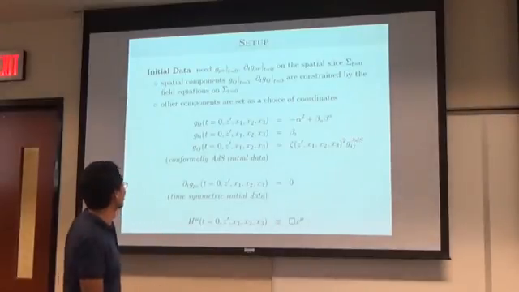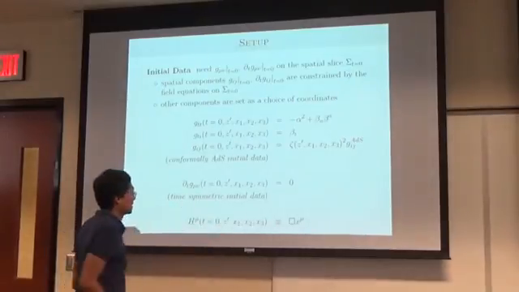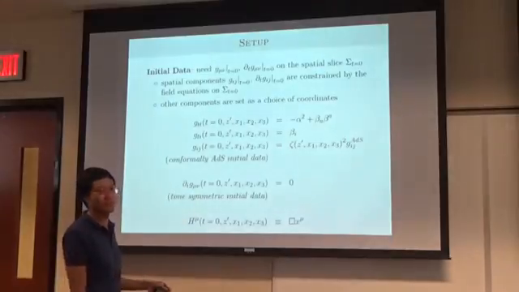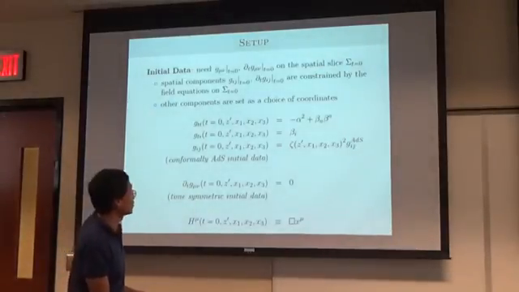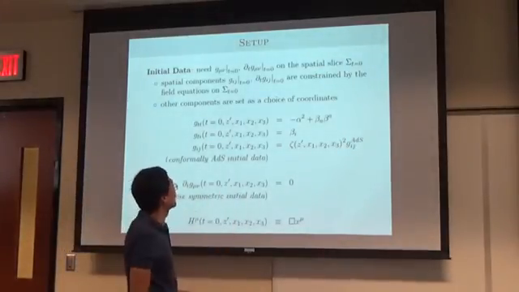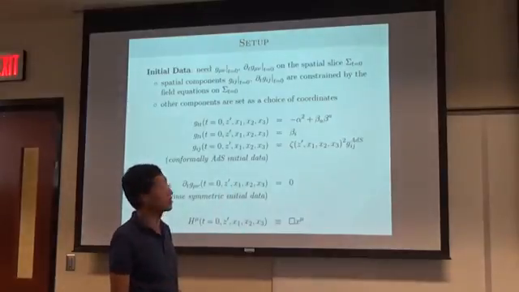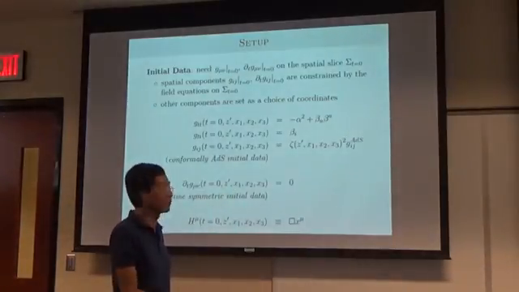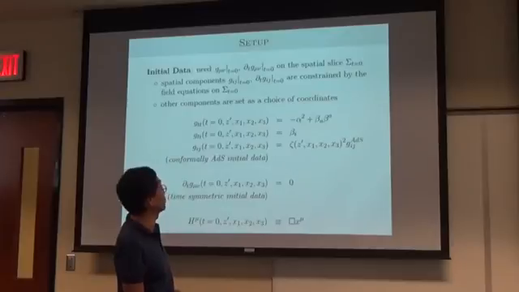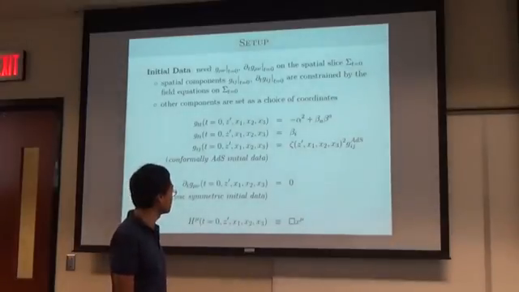What we do here, however, is we're going to choose time-symmetric initial data. So for example, the time derivatives are all 0, and that turns out to severely constrain what shift and alpha you want. And in fact, we could choose the shift to be 0 and the alpha to be whatever we want at this point.